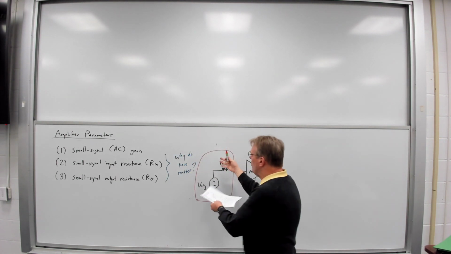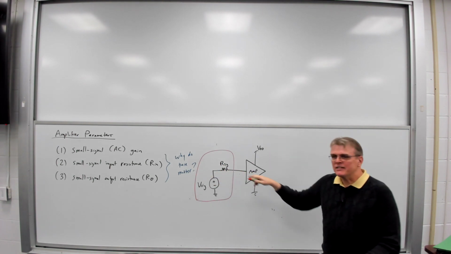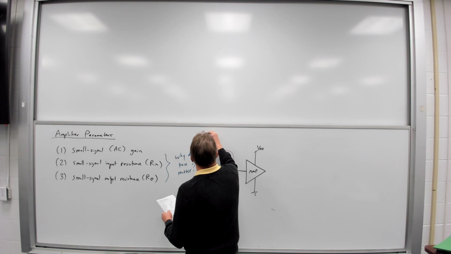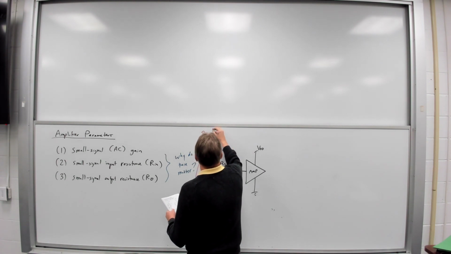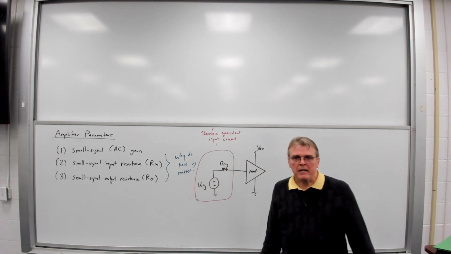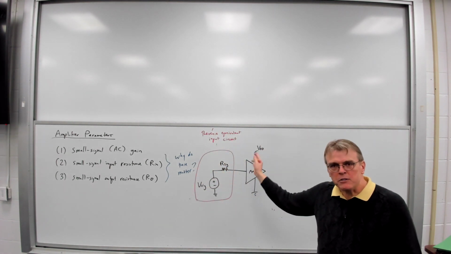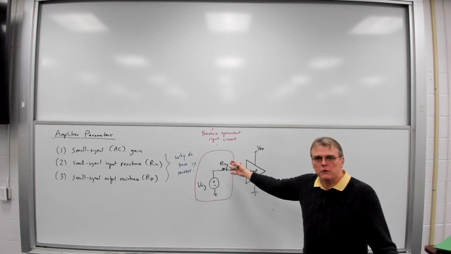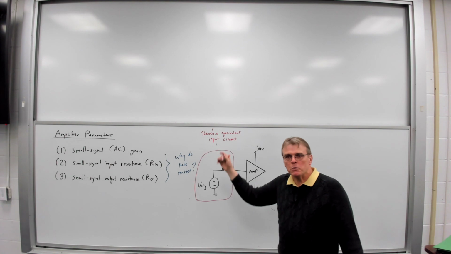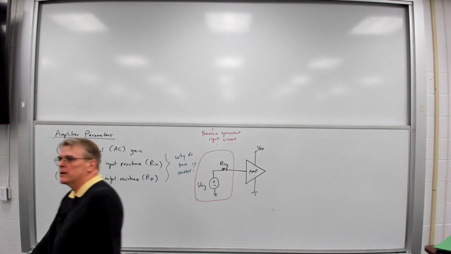This is a Thevenin equivalent circuit of something that's connected to the input of my amplifier. So this could be anything. It could be another amplifier, it could be some other type of circuit, but as long as it's a linear circuit, we know from Thevenin's theorem, we can always distill it down to a voltage source in series with a resistor. And that's exactly what we're going to do here.